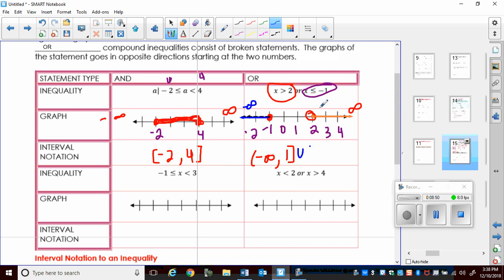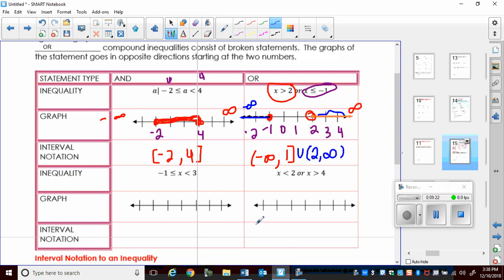Then for the second interval, this one right here between 2, and it's going all the way to the right to positive infinity. This one is 2, comma, infinity. Okay? So keeping that in mind, AND statements create these simple little interval notations, whereas for the OR statements, you have two individual interval notations.